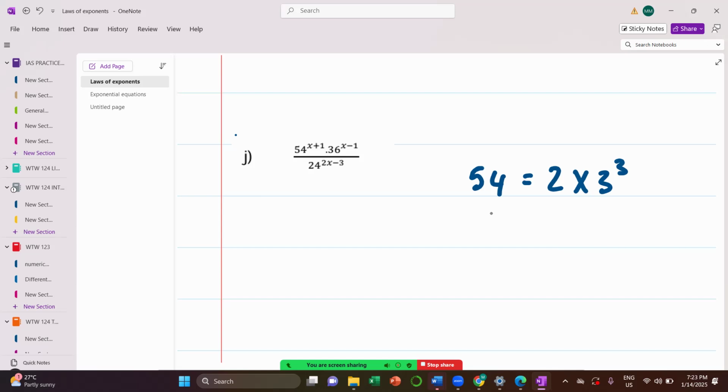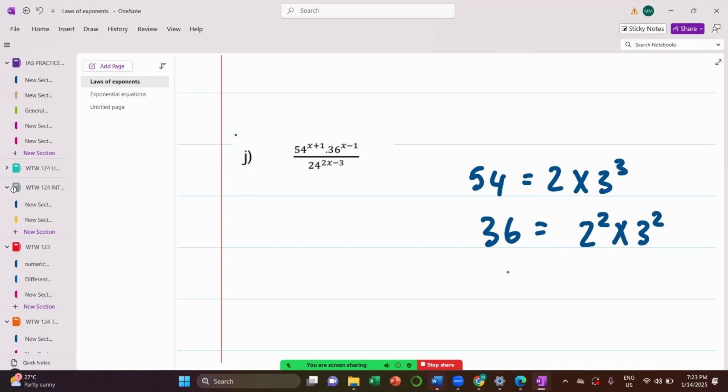And then I'm going to do 36 now. 36 equals shift fact. It's simply 2 to the exponent of 2 multiplied by 3 to the exponent of 2, right? That's what the calculator gives me.